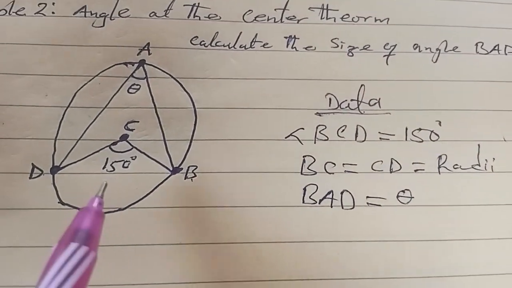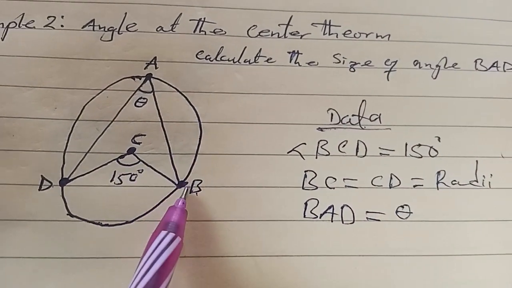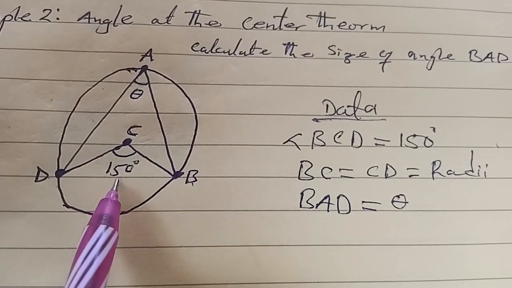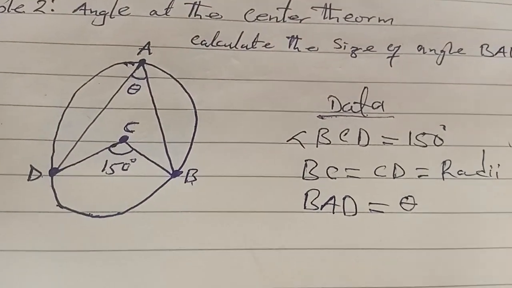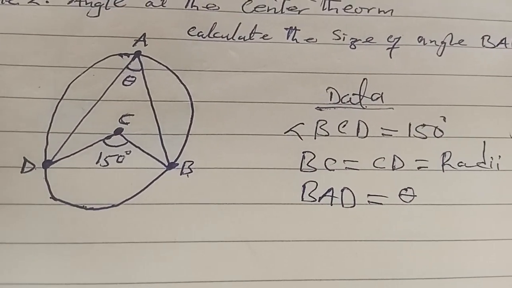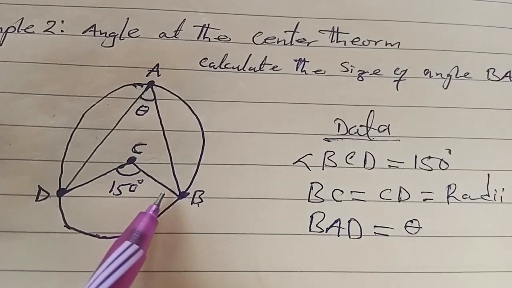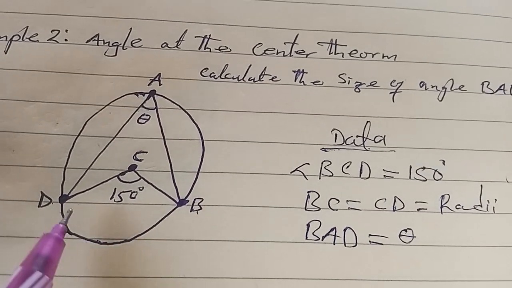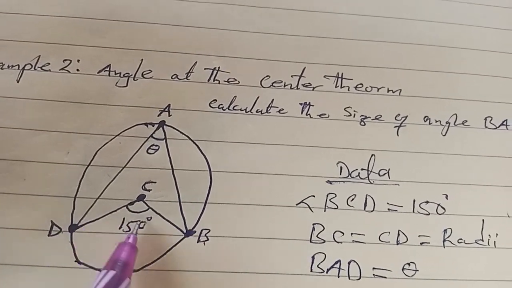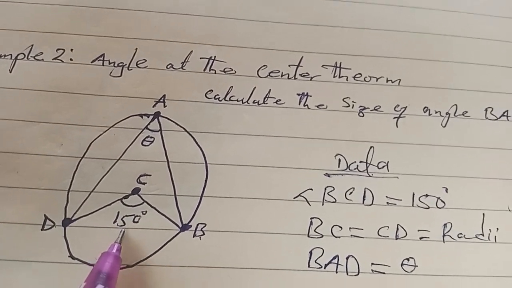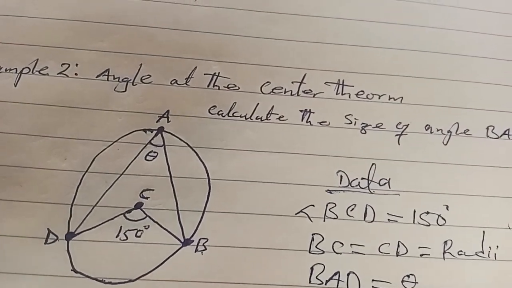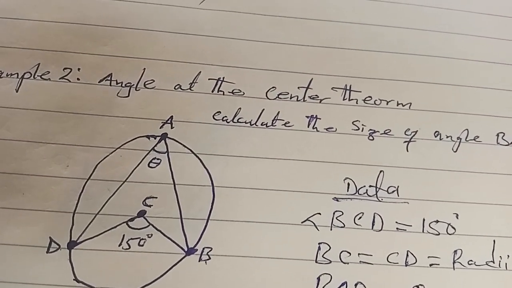Because we are saying that at this point, they came up to 150 degrees. So the rule says that the angle at the center is twice the angle at the circumference. So when they are twice, it means to find BAD, we have to divide 150 by 2. That is it, right?